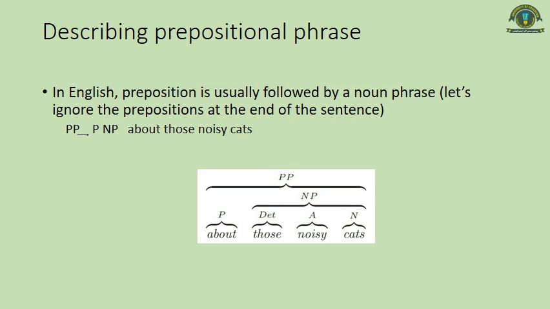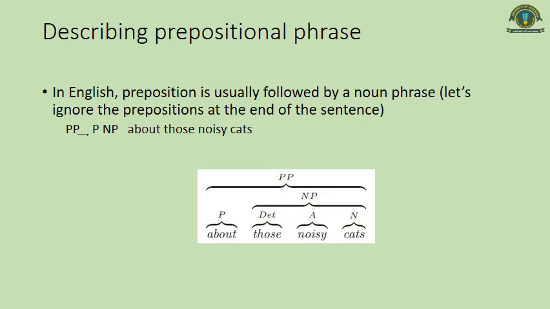Let's ignore the preposition at the end of the sentence, because we are describing the rules here. There is a specific category or empty category if the preposition is at the end of the sentence. But for now, we are dealing with the basic principle of the prepositional phrase, and that is that a prepositional phrase is made up of a preposition and a noun phrase.